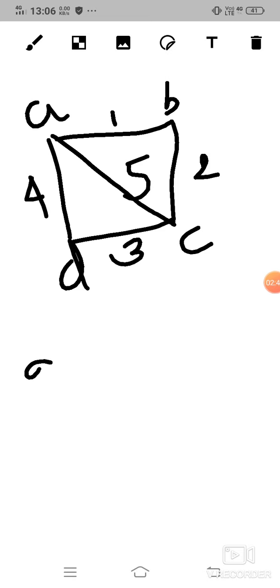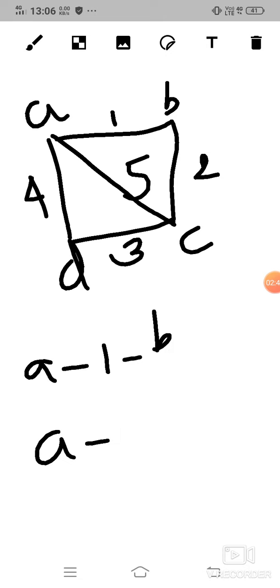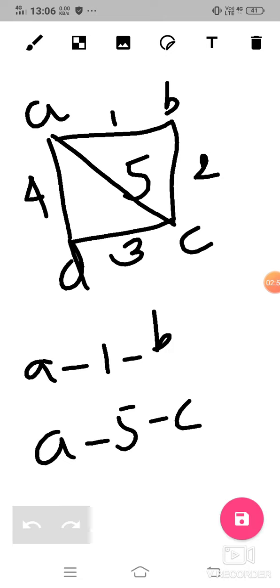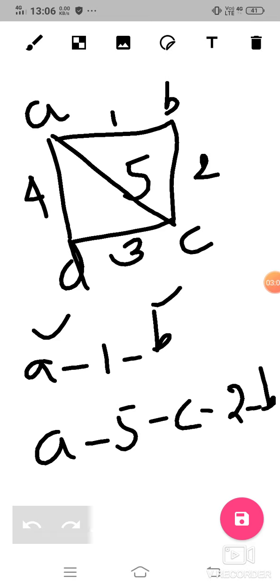I can take A, 1, B. This is a walk. Even A, 5, C, 2, B is again a walk. As the definition says, it is an alternating sequence of points and lines. So see here, A and B are points and 1 is a line, that is, an edge.